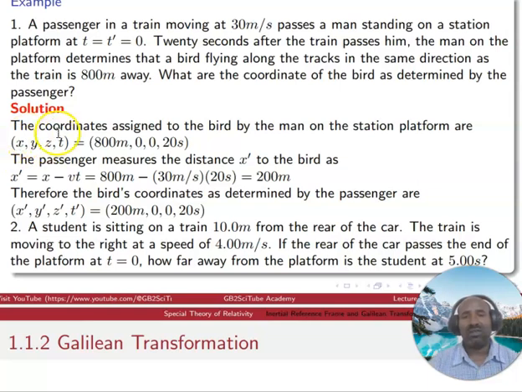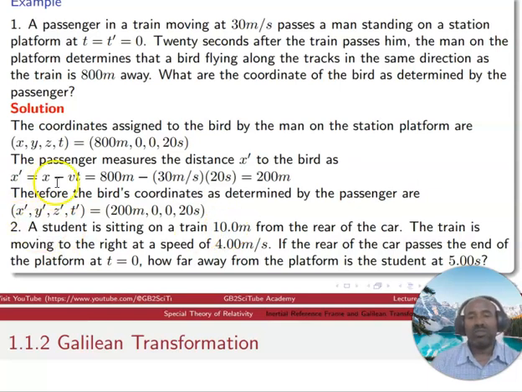As a solution, x, y, z, and t are given. The bird's location with respect to the stationary platform is 800 meters, 0, 0, and 20 seconds. We want to find x prime, y prime, z prime, and t prime.